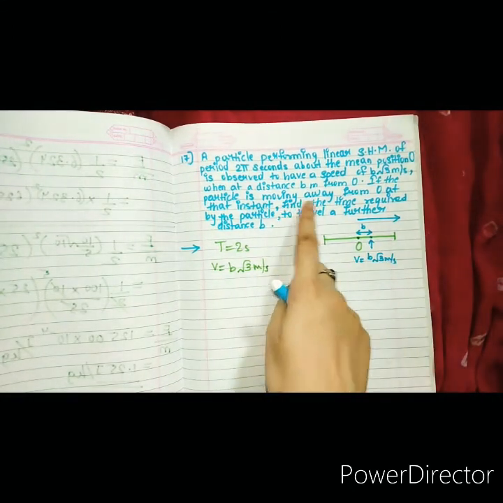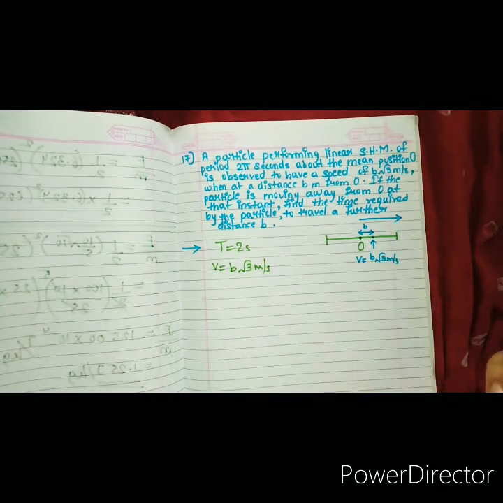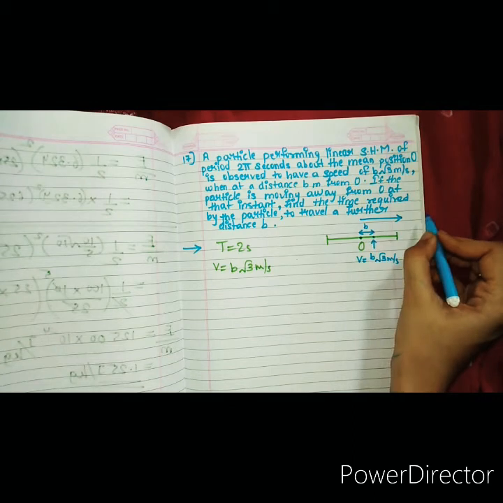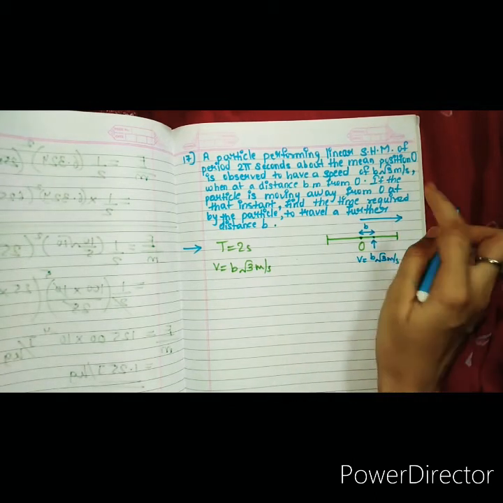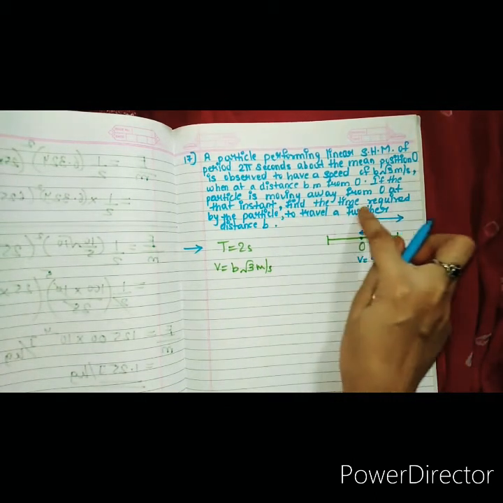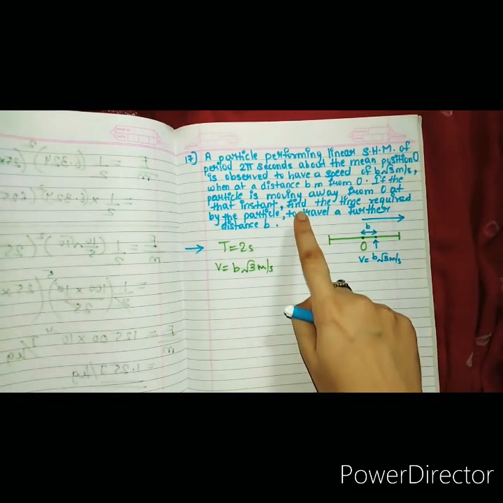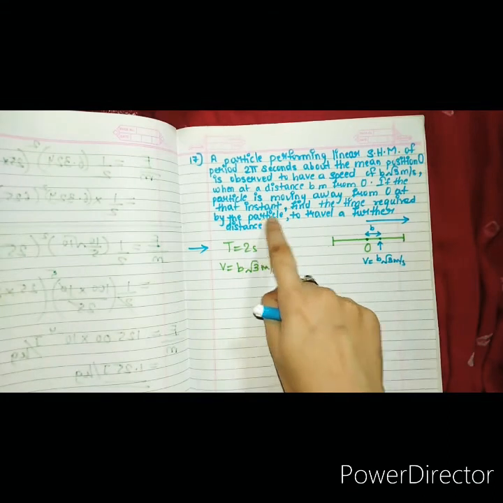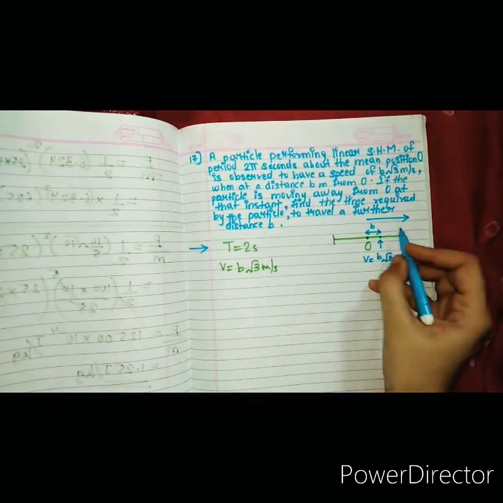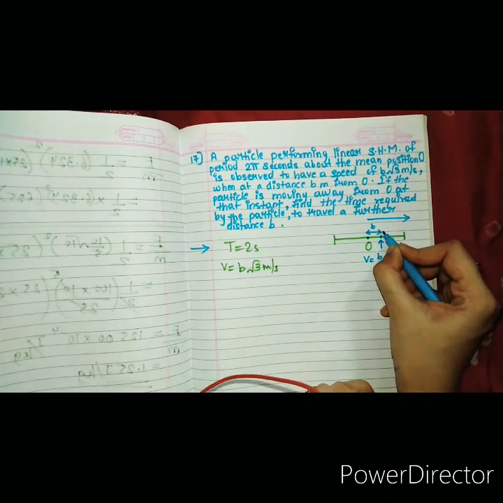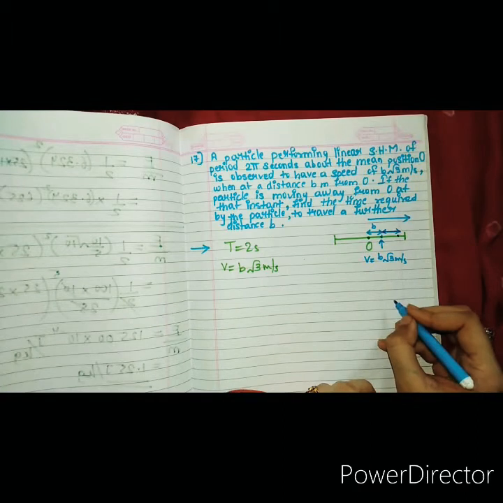At that instant, find the time required by the particle to travel a further b distance. This is b. From here, further b means still here.